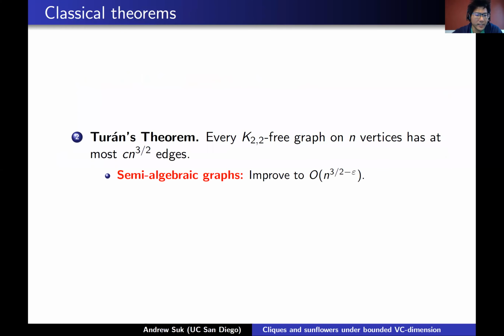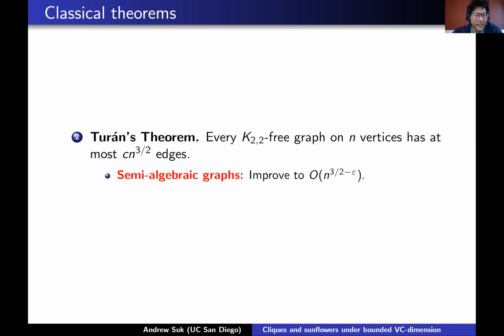And it's actually not so difficult to see that for one of the theorems that I stated earlier, there wouldn't be any improvements in the bounded VC dimension setting. It's known that every K_{2,2}-free graph on n vertices has at most n to the 3/2 edges. And if we add the extra condition that this graph arises naturally in geometry, so it's semi-algebraic with bounded complexity, we know that we can significantly improve this upper bound to this quantity here.